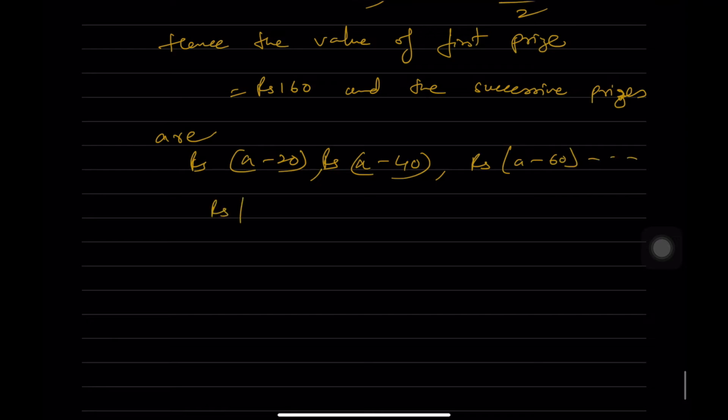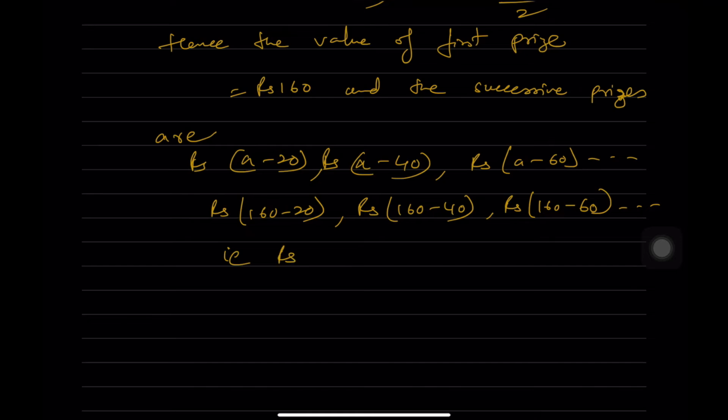So which is rupees 160 minus 20, rupees 160 minus 40, rupees 160 minus 60, and so on. So that is, the answers are rupees 140, 120, and 100, and so on.